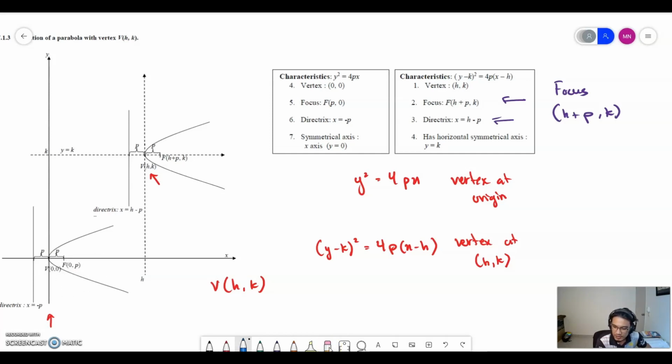The focus is actually not 0, p, but it's actually focus p, 0. Please make this change in your reference book, not f, 0, p. Now the new focus point is h plus p, k.